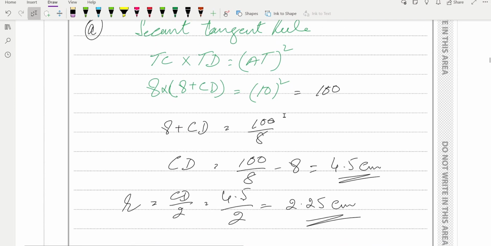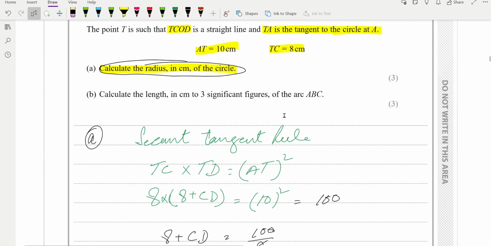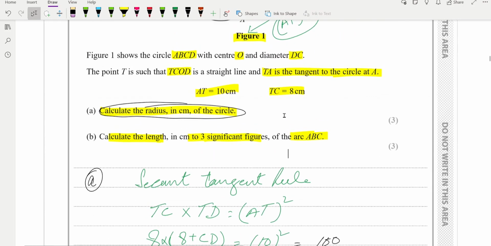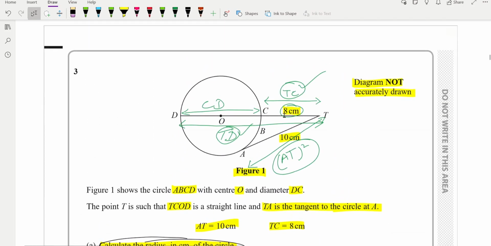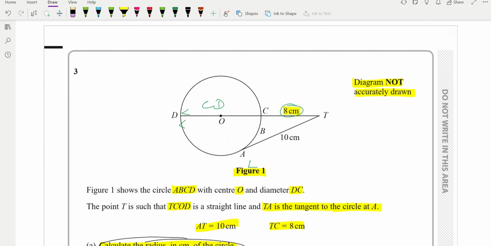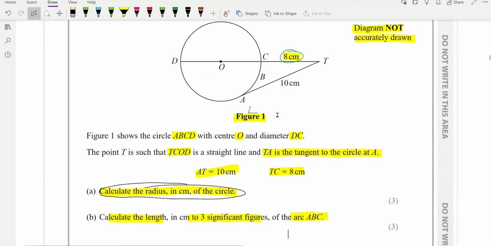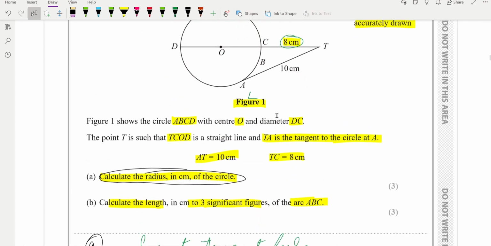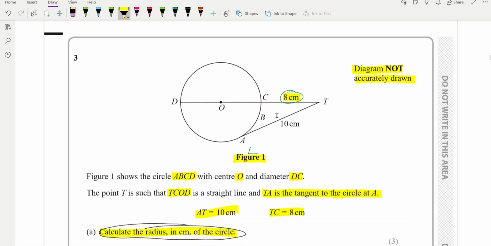Now for part B, they are saying calculate the length in centimeters, to 3 significant figures, of the arc ABC. So for arc ABC, I'll erase these things which I've written over here for the previous part. The arc ABC, this one, they are asking for this one.